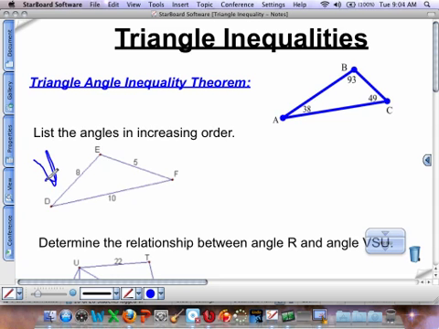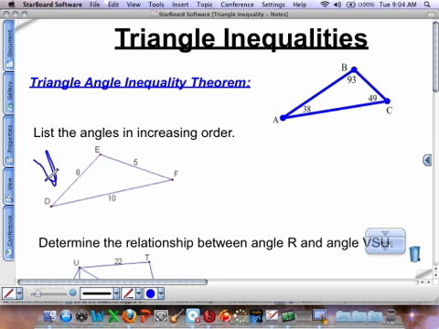So again, let's go back to these. If my angle is small, I'm going to have a shorter opposite side. If my angle is really large, I'm going to have a really long opposite side. Keyword there is opposite. So where would I find the largest angle? Opposite of what?